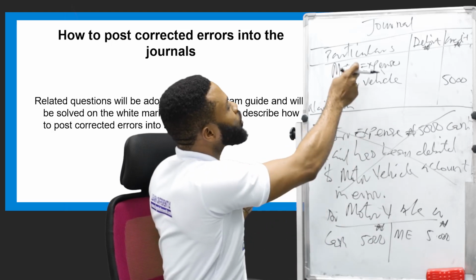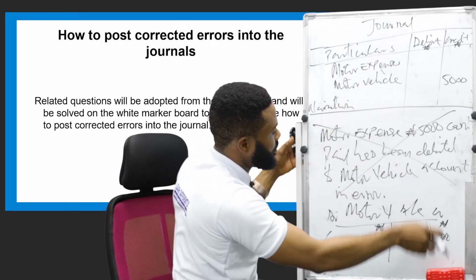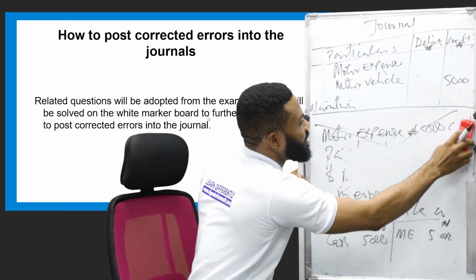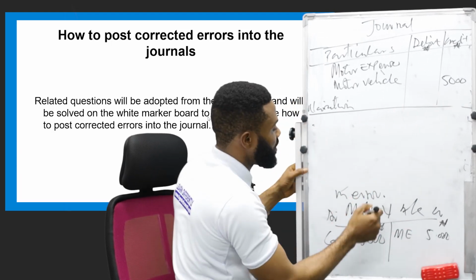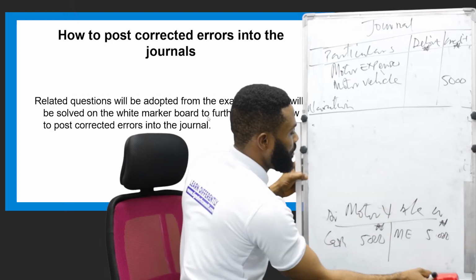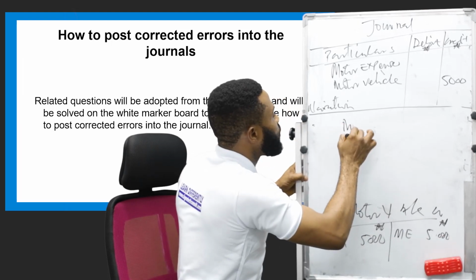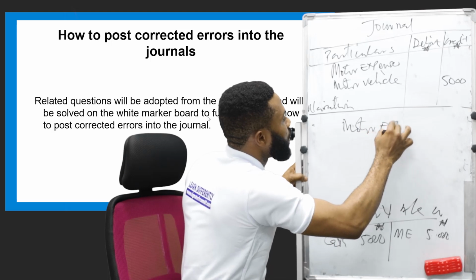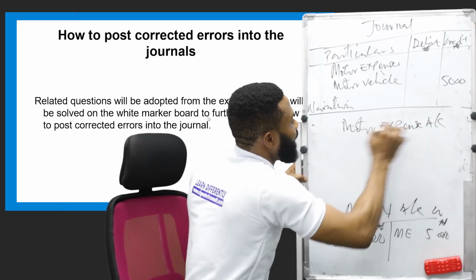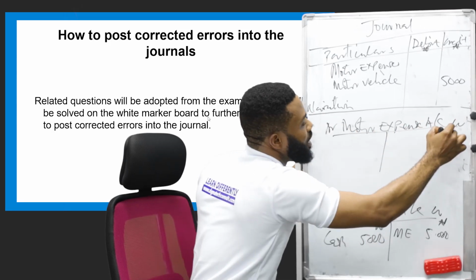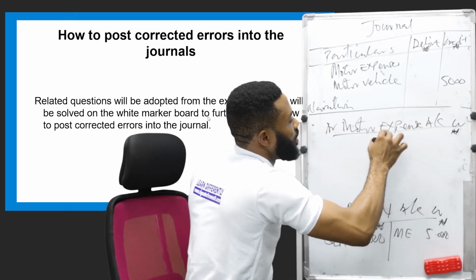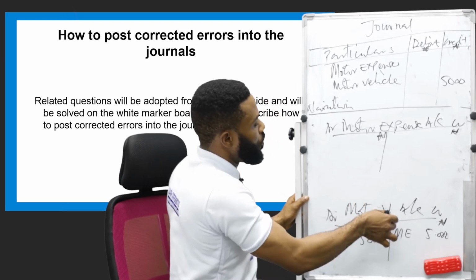In your motor expenses account, let me remove this. In your motor expenses account, this is debit, this is credit, you have this.